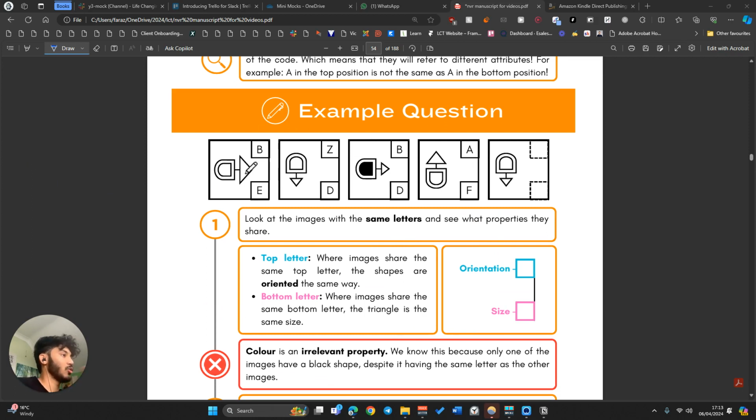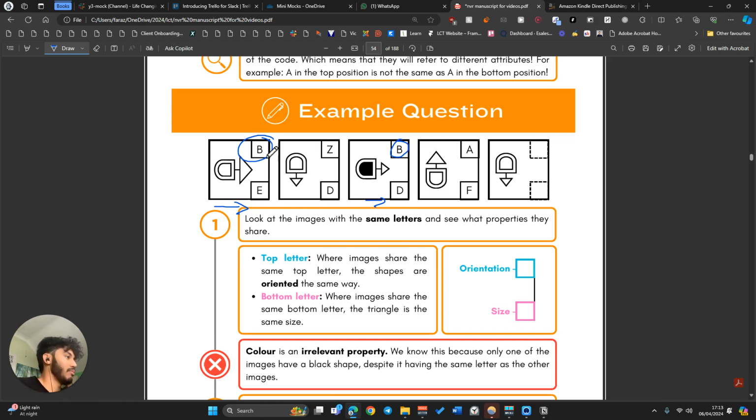Okay, like we said, always step 0 is to find a duplicate letter. So I'm already scanning it and I see B and B. Well, what's similar between these two shapes? I can see they're both pointing to the right, so the triangle is always facing to the right.